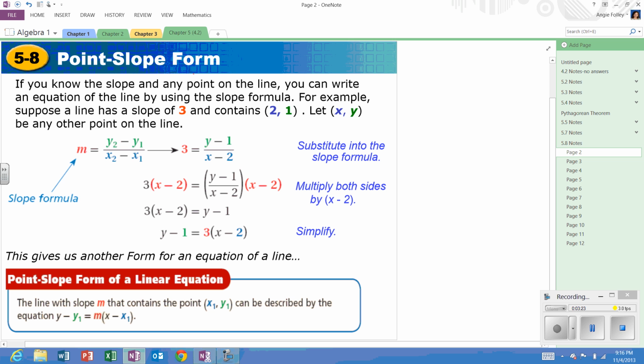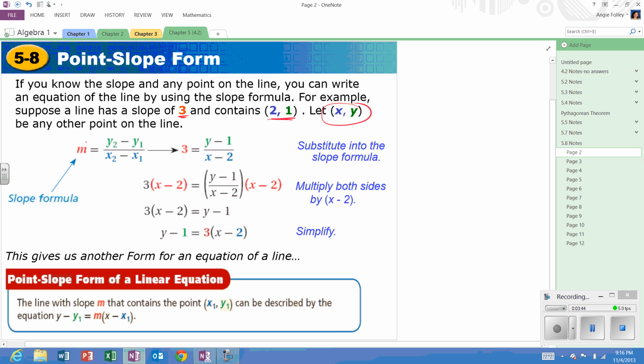If you know the slope and any point on a line, you can write an equation of the line by using the slope formula. For example, if you have a line that has a slope of 3 and it has the point (2, 1), we're going to let x and y be the other point on the line. We don't know what that is. We're just using a generic form, x, y.